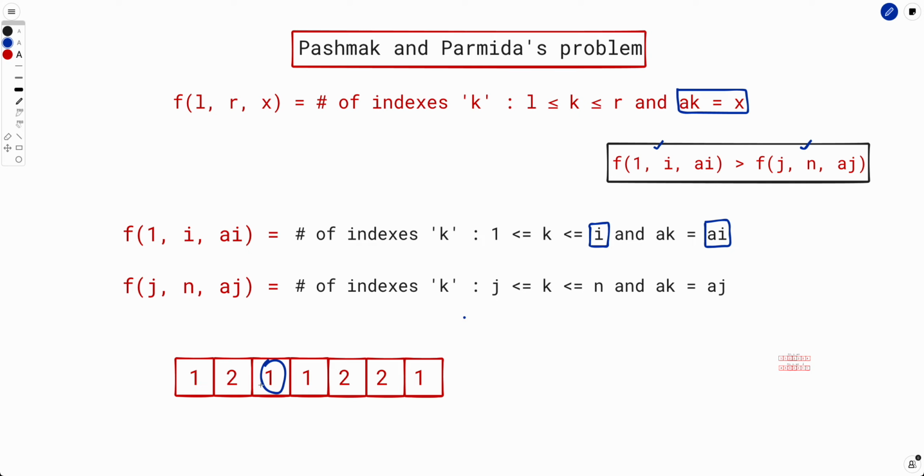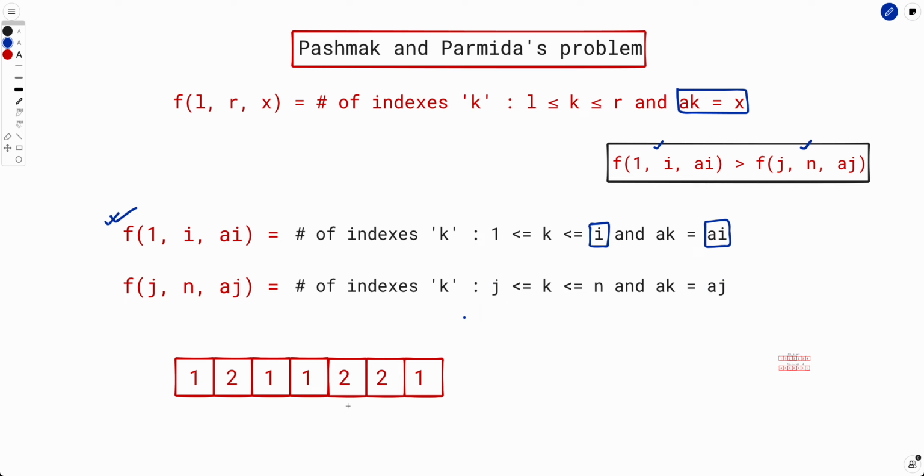What we have to do is simply figure out how many elements are equal to the current element to the left of it in the array. That's simply what f1iai denotes. In a similar way, if you expand fj and aj, it translates to the exact same thing but in the opposite direction: everything to the right of j where the element is equal to the current aj.